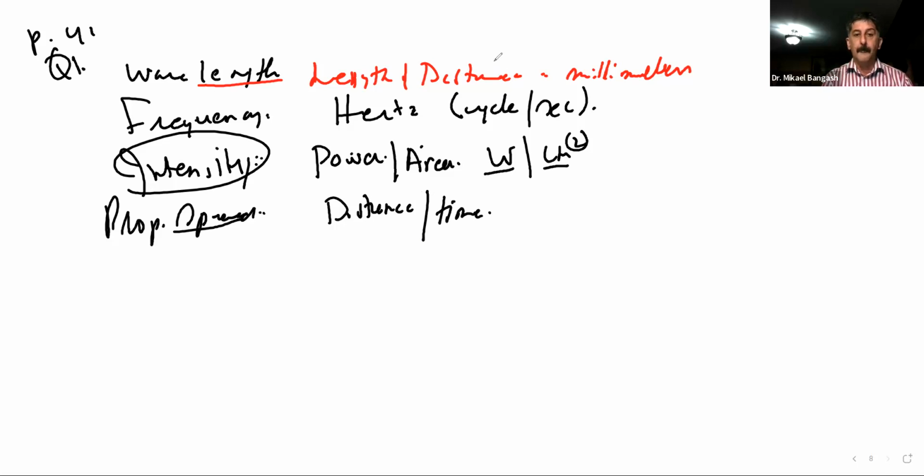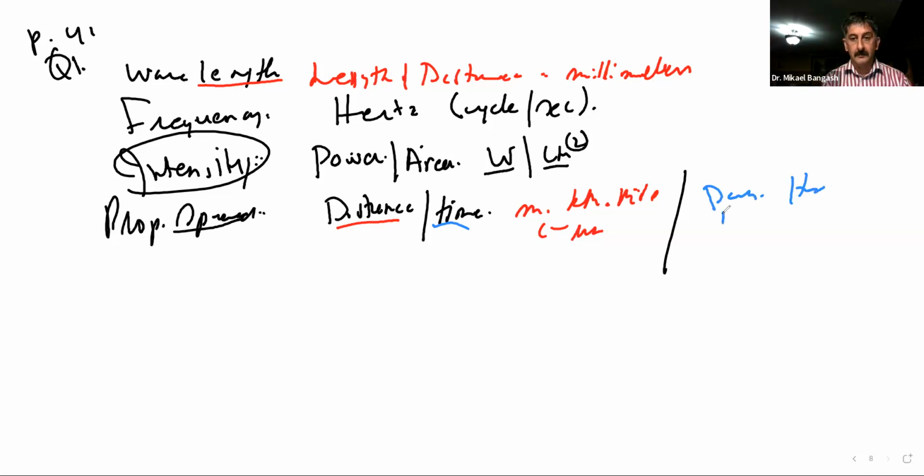So that can be any unit of distance: meter, kilometer, mile, centimeter, micrometer, whatsoever, per unit of time, which could be day, hour, minute, second, millisecond, microsecond, and so on.